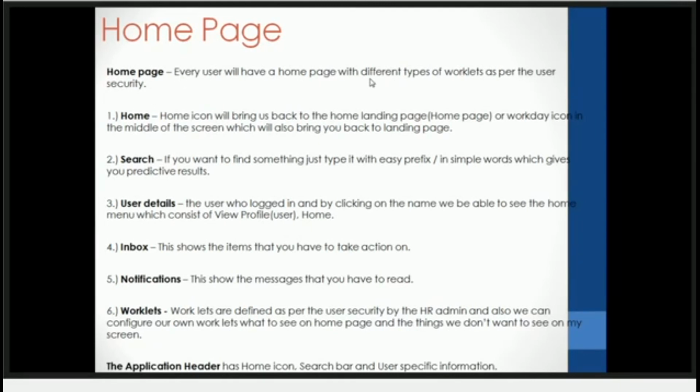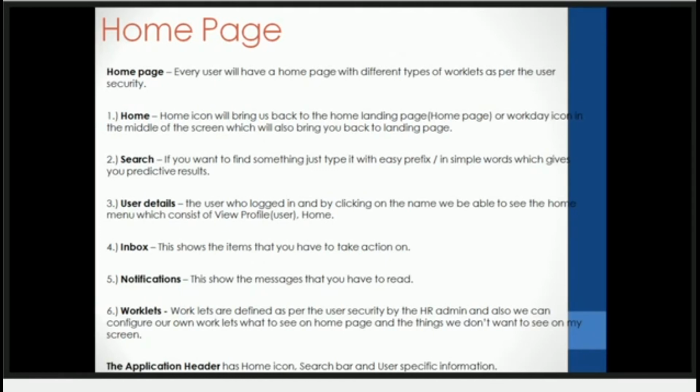Every user will have a homepage with different types of worklets as per the user security. Everything that you see on the home screen is based on security. The home icon will bring us back to the home landing page. The Workday icon in the middle of the screen will also bring you back to the landing page.